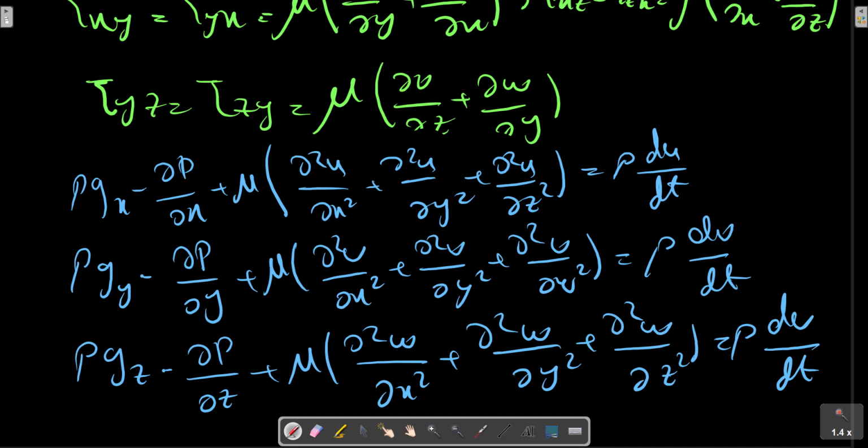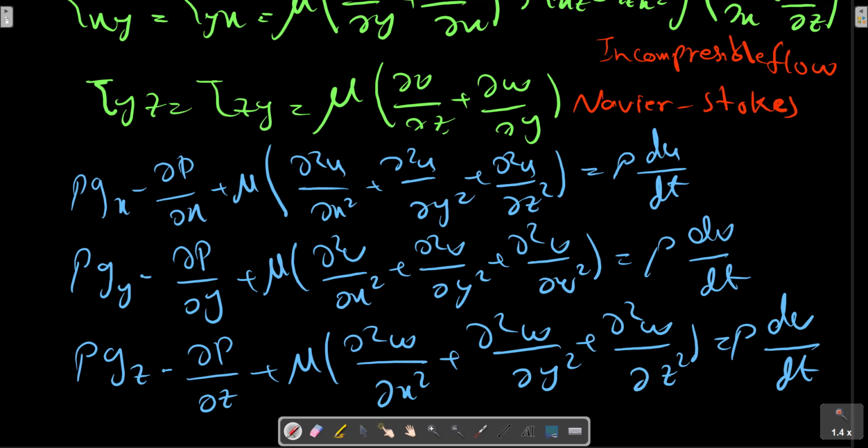These are the incompressible flow Navier-Stokes equations.